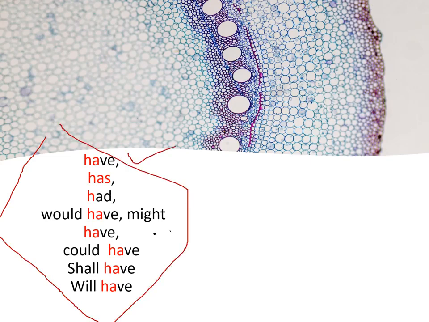Have: if you get have, has or had in any sentence, then after these verbs, if there is any other verb, for example do, then you have to transform the do into done, because done is the third form or past participle form of do.